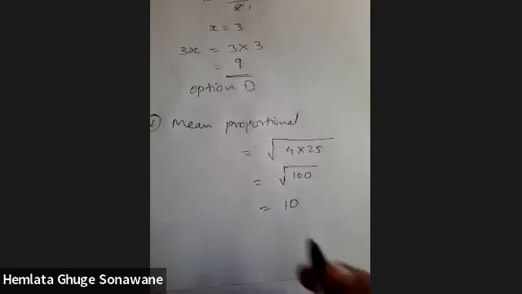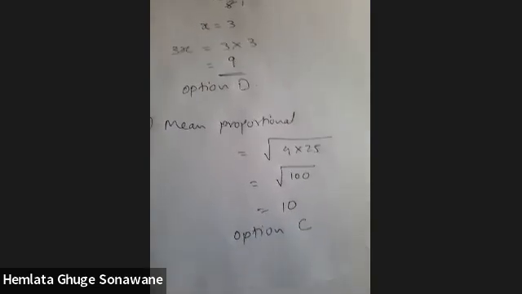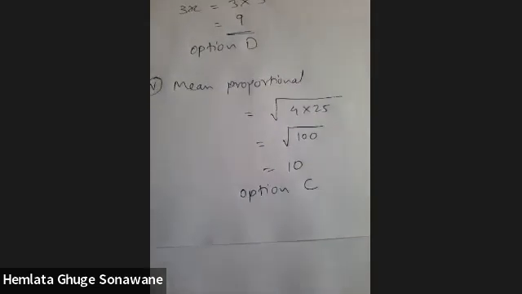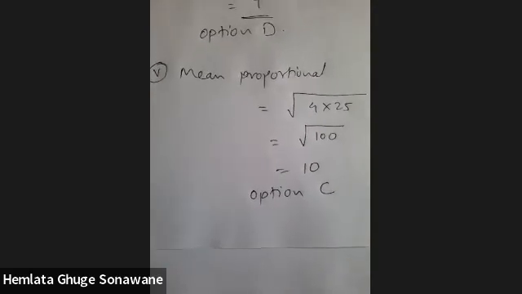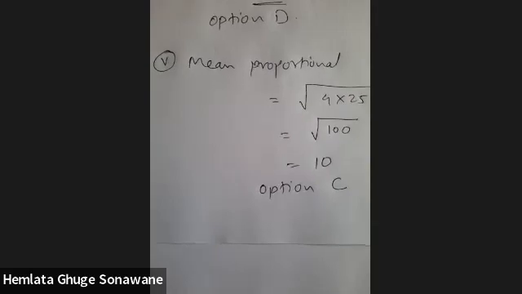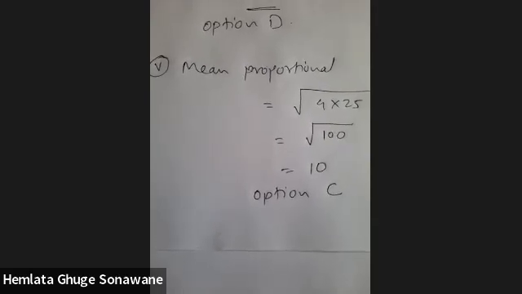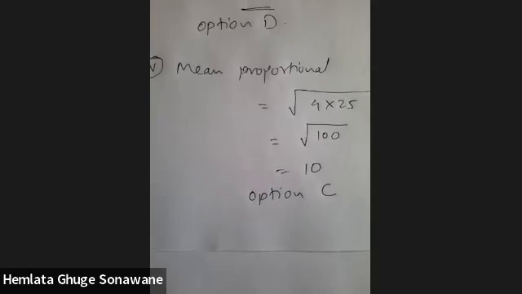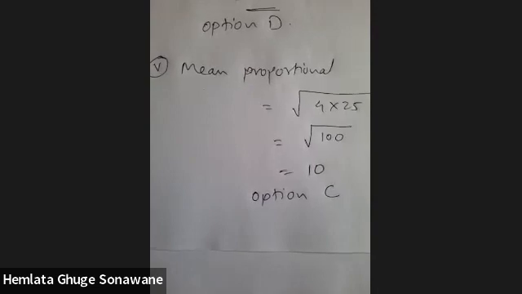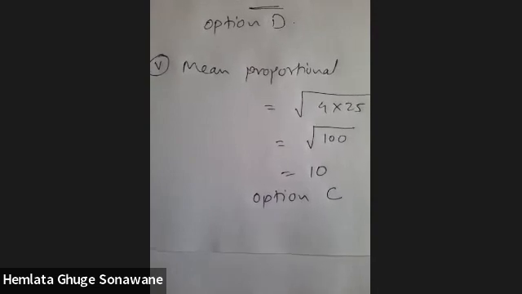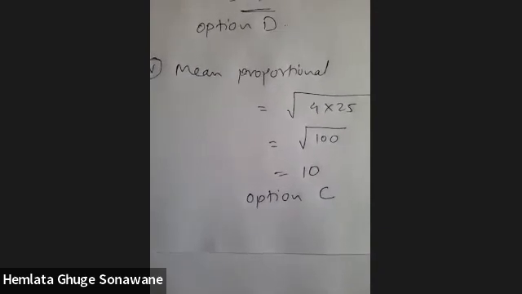Option C is 10, means the correct option is option C. In this, we have to solve the examples and then we have to decide the correct alternative answer.